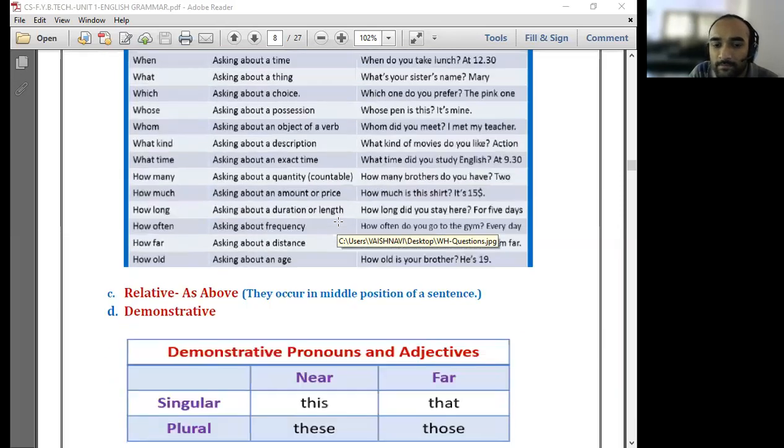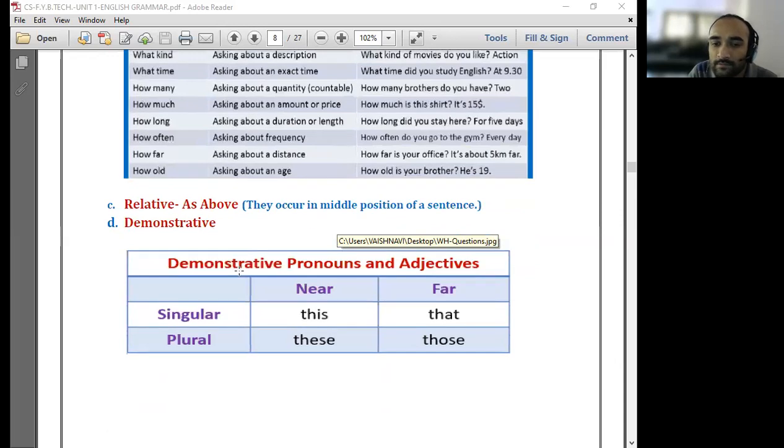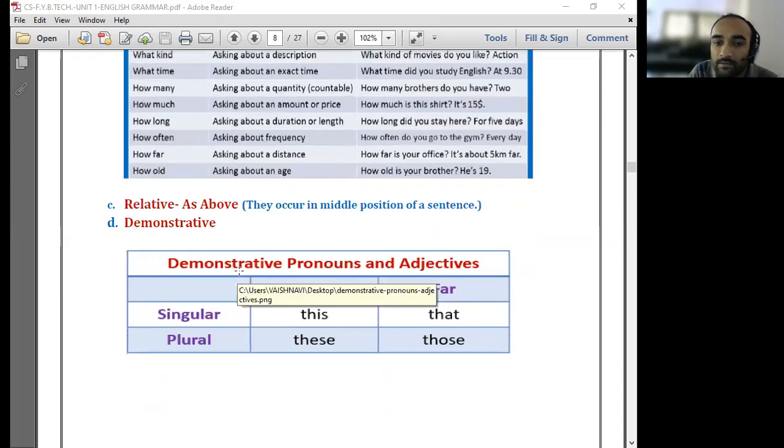These are some of the pronouns, etc. Also, interrogative pronouns can function as relative pronouns when they are used in the middle position of the sentence.